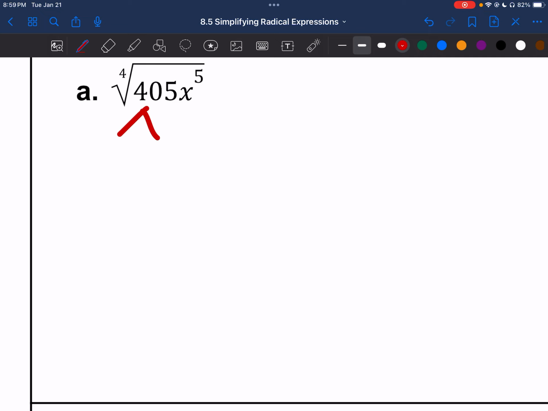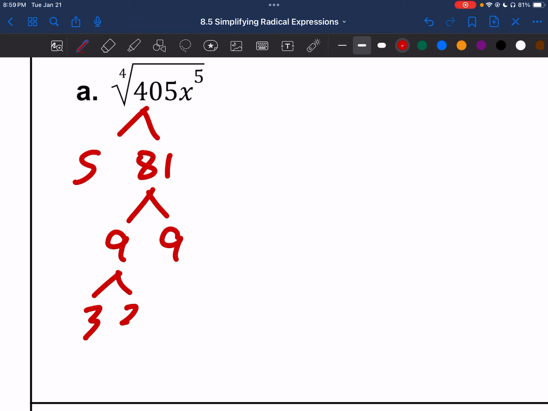So 405x to the 5th. So 405, that ends in a 5, so I know it's 5 times something. It's 5 times 81. 81 is 9 times 9. 9 is 3 times 3. X to the 5th is x to the 4th times x.